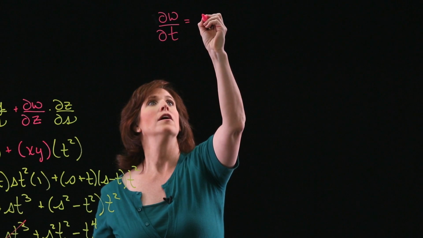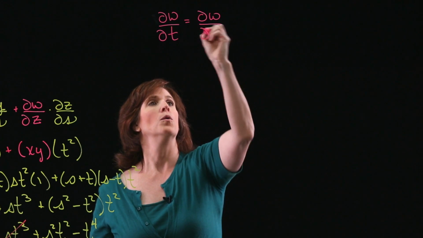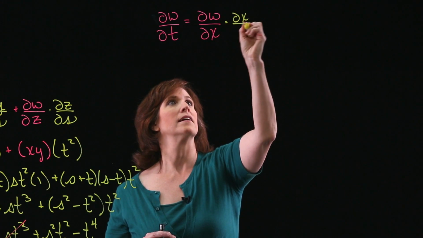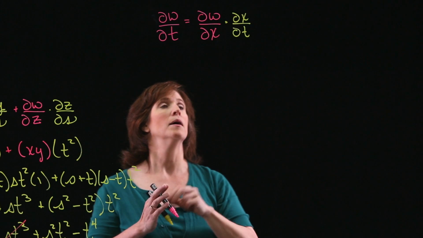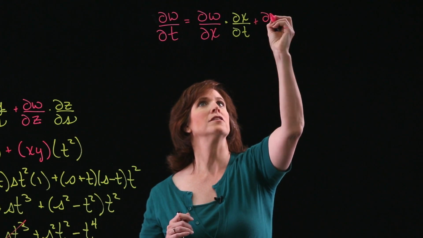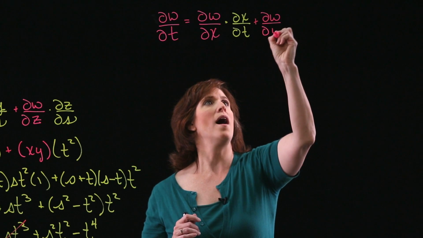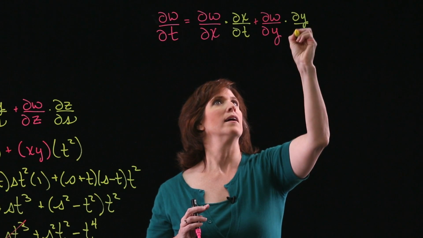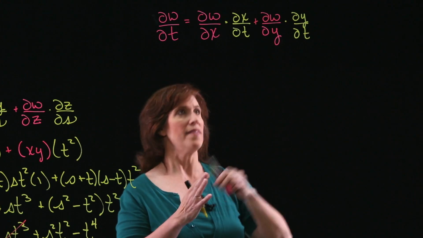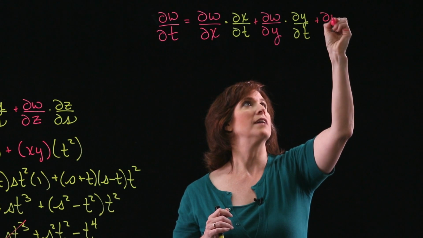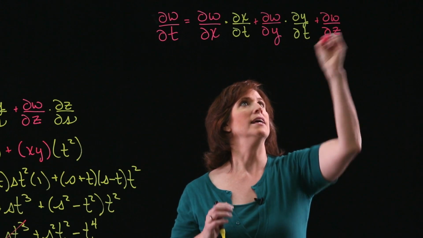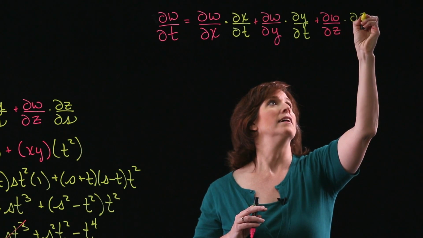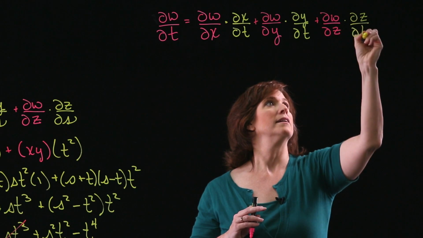This is going to equal the partial of w with respect to x times the partial of x with respect to t plus the partial of w with respect to y times the partial of y with respect to t, and then we'll add the partial of w with respect to z times the partial of z with respect to t.